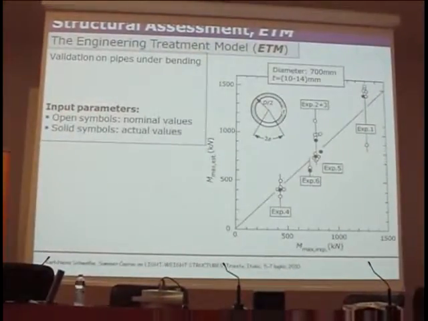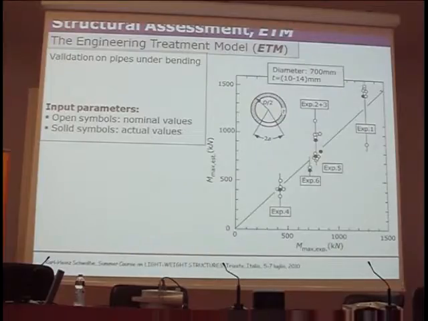This is interesting so far. You see, for every experiment, I did more than one analysis. Why did I do that? For one analysis, I used the nominal data: nominal value for thickness, nominal value for diameter, nominal value for yield strength.